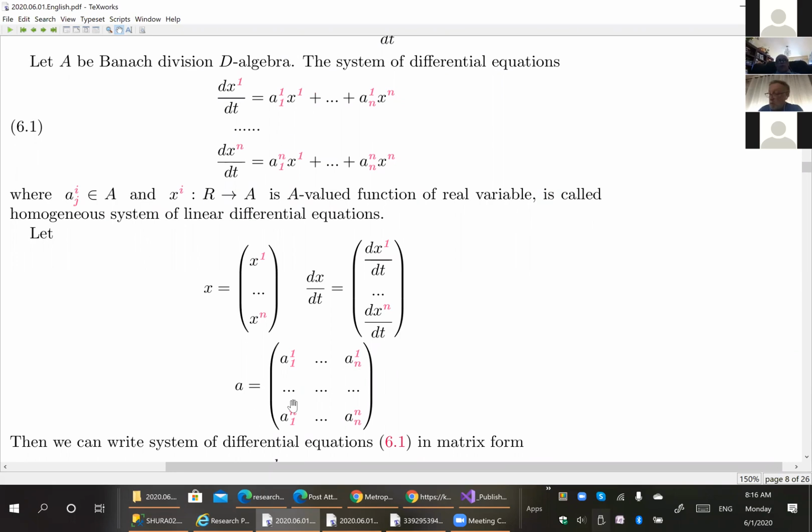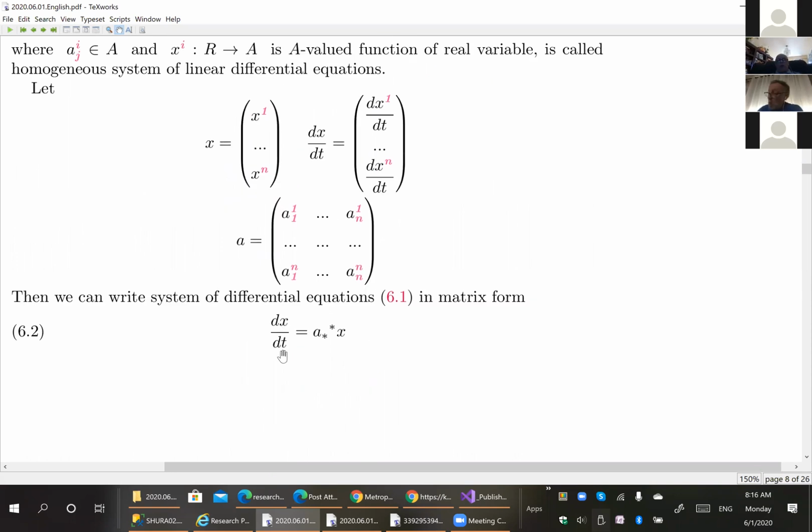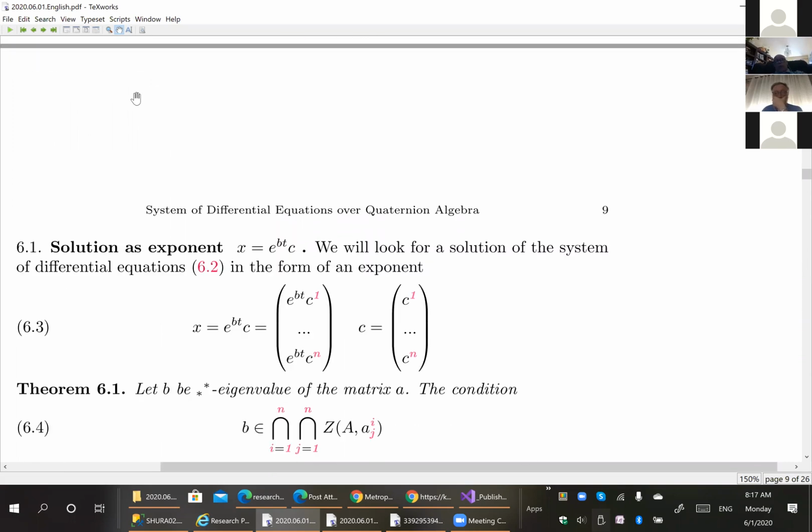The set of coefficients will be a matrix, and I can write this equation as a row-column product: dx over dt equals A times x. And using the theorem for one differential equation, I will introduce the solution in the form x equals e to the power bt times c, where c is a column vector of arbitrary constants.